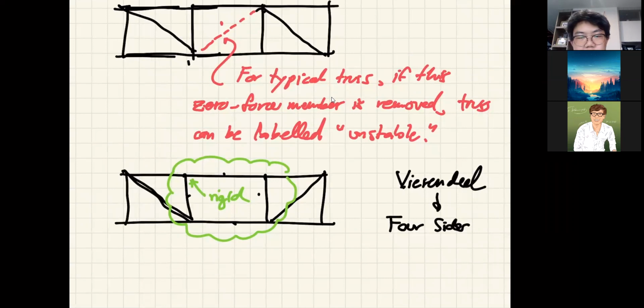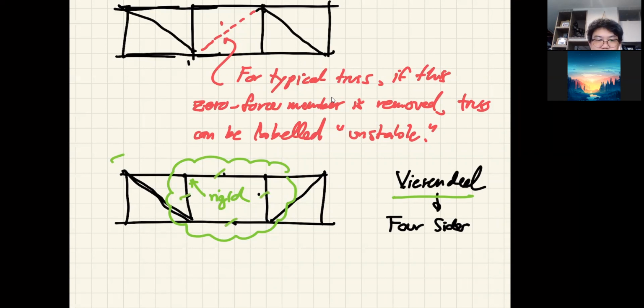Yes. Okay. So what you didn't see is this one. Now you can see it. It's a Vierendeel truss. It's a guy's name, which means 4 sides. So we have 4 sides here. The problem with this is that even though it is called a truss, it is no longer a truss. It is a frame.